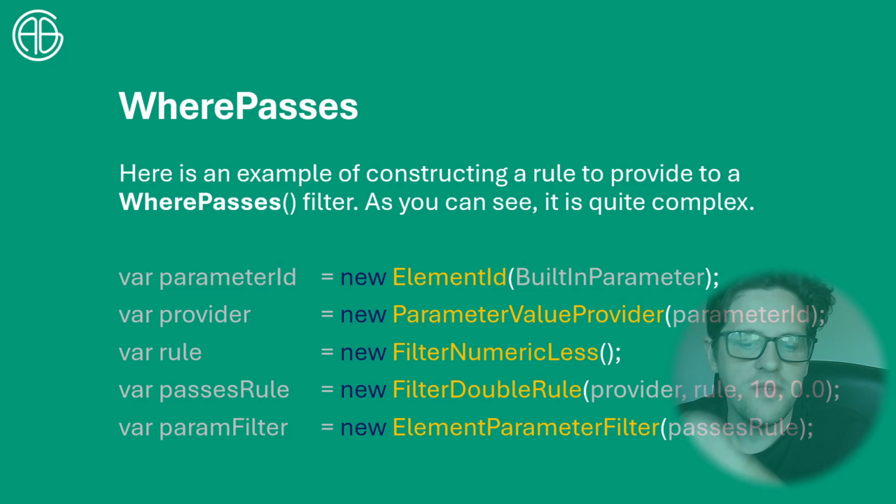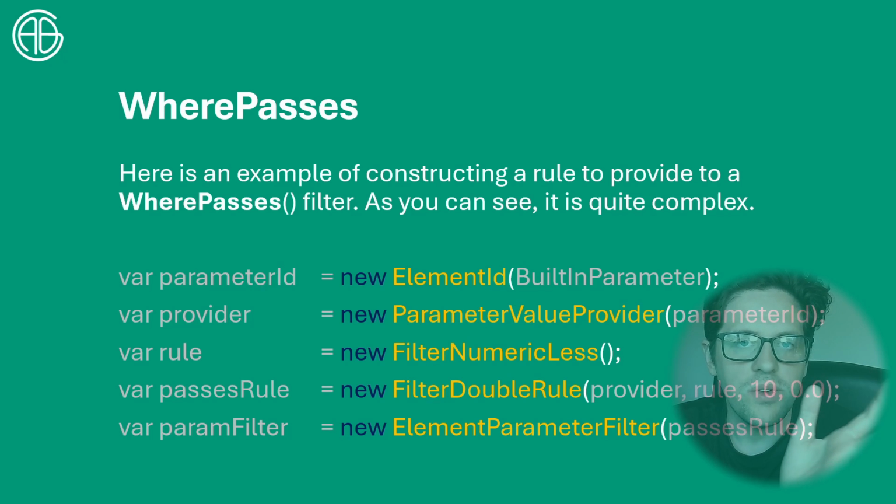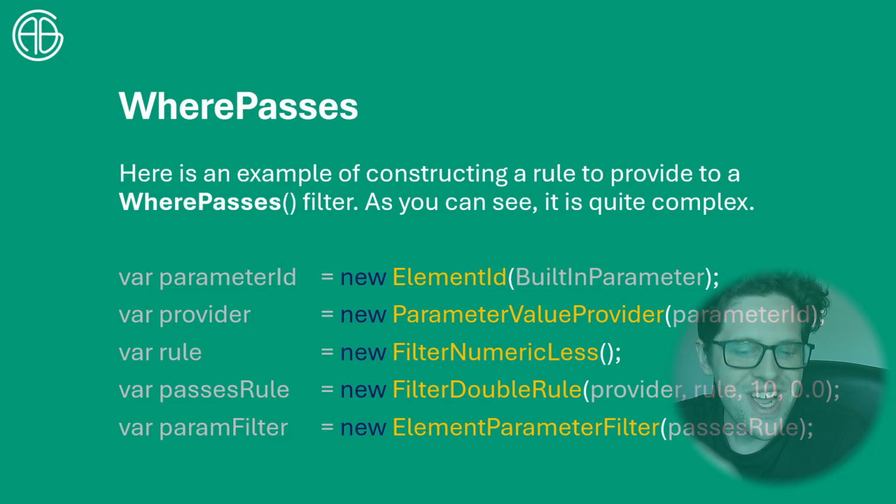And then we more specifically create the filter rule. So in this case, this is a filter double rule. We're working with a double, so we have to specify this. We provide the provider, the rule, and then the value and the tolerance if you're doing an equality check as a float. And finally, we create the element parameter filter using the passes rule. And this is what we provide as the argument to a WherePasses method.